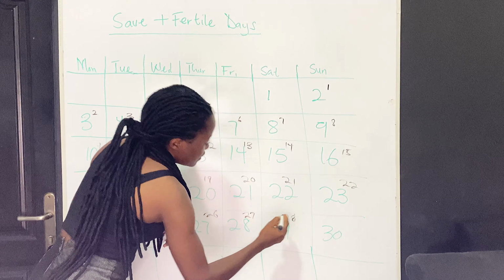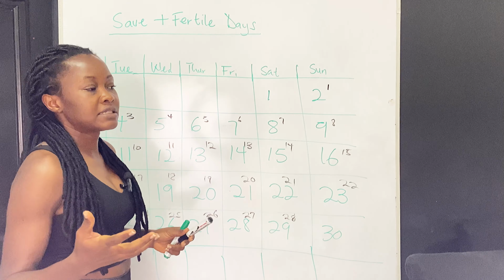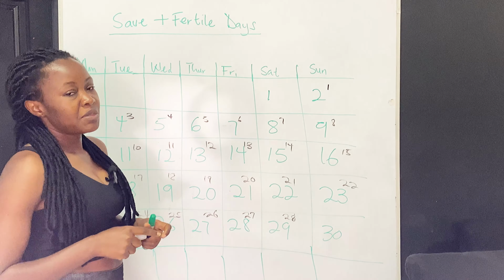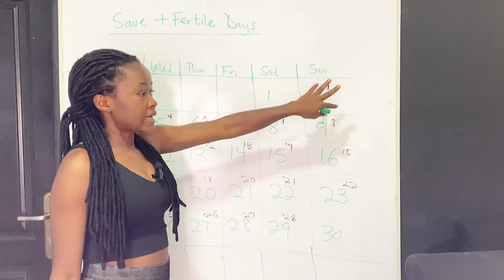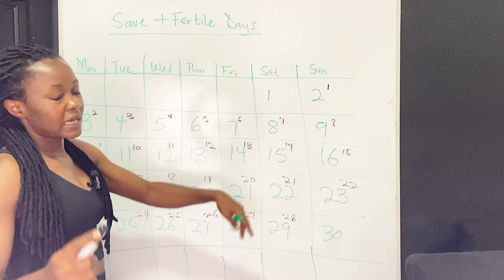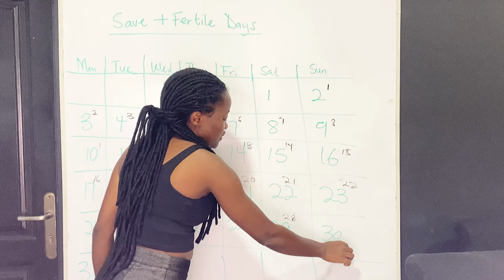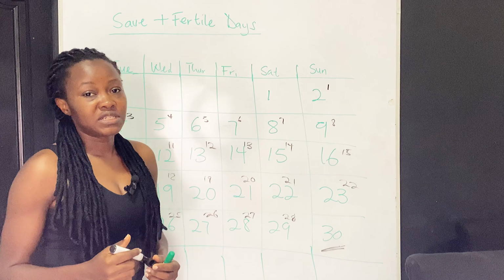Sorry. So if Priscilla has a 28-day cycle, then it means that if she menstruates on the 2nd, where the 2nd becomes her day 1, the next time she's expected to menstruate will be the 30th. Go and watch the full video.